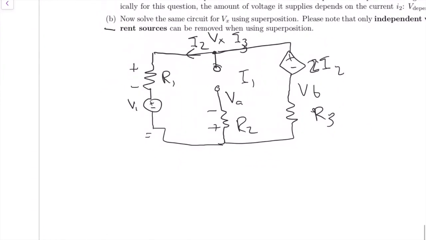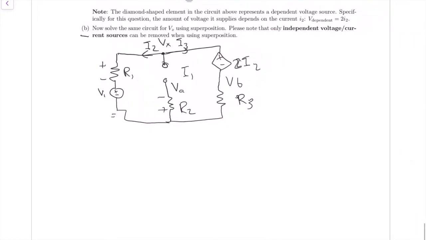Okay, so now that I have this open circuit, we're going to do a similar analysis where we still have our node equations, where we have Vx minus V1 over R1 is equal to I2. And then we can write one for I3, which is VB over R3 is equal to I3.